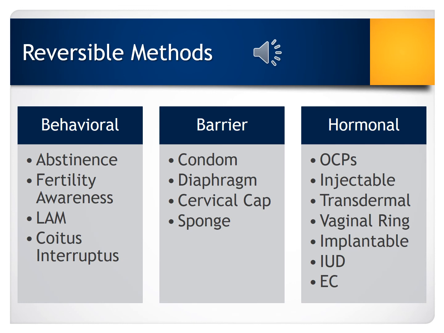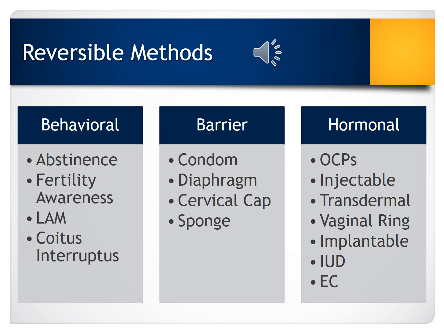All methods of contraception are considered reversible with the exception of sterilization. Reversible methods, meaning that once one stops taking the medication or using the method or no longer engages in the behavioral act, the woman is no longer protected from pregnancy.